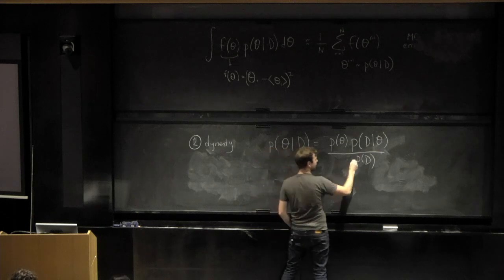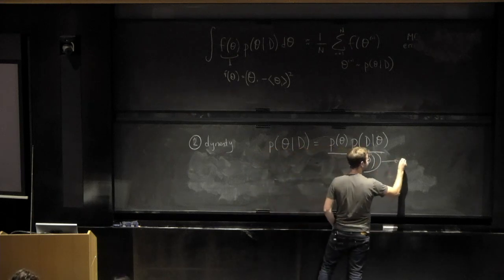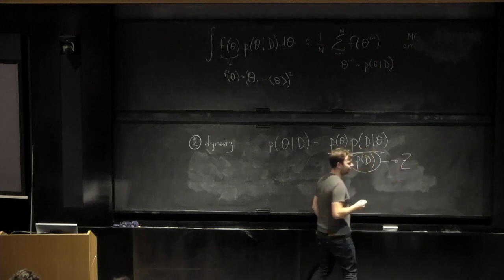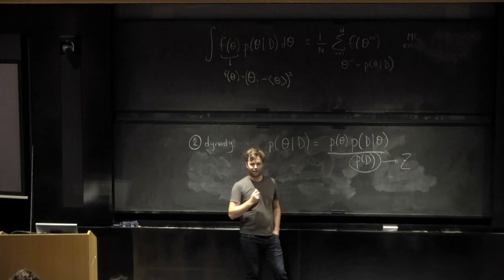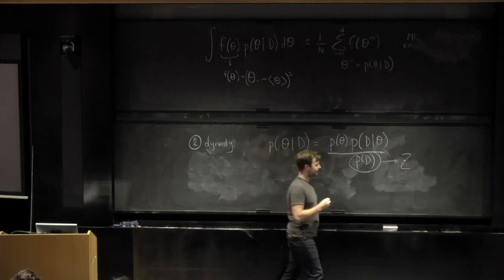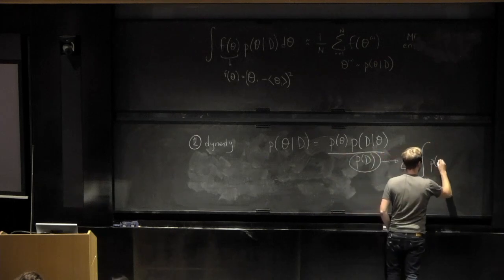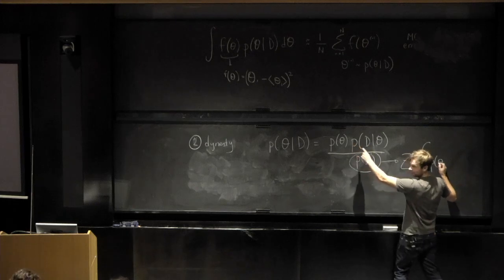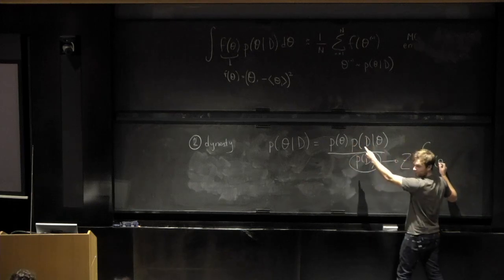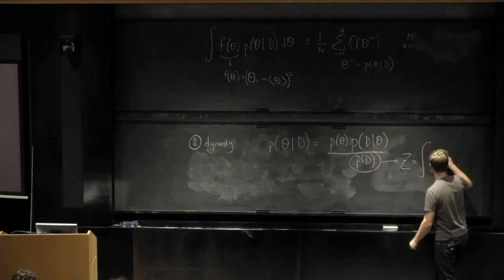And this thing right here, which is sometimes called capital Z, is the thing that nested sampling is designed to evaluate. This is the integral of the numerator, right? It has to be; this whole thing has to integrate to 1, so the denominator has to be the integral of the numerator.